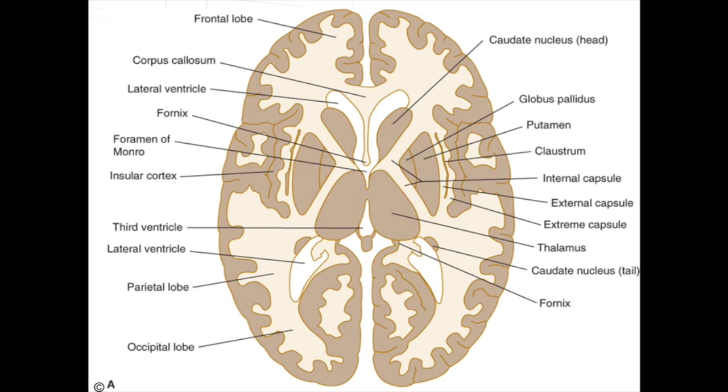So we spoke about the telencephalon. We said that it was the cortex. We talked about the lobes. We talked about the basal ganglia, and now we can talk about the limbic system.